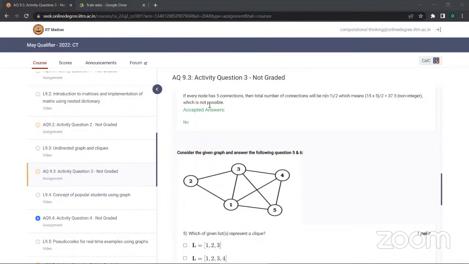Just one thing, sir. Whatever pseudocode is discussed in lesson 10.3 or 10.4, do you have any slide which can show us the step-by-step build-up of this matrix or the dictionary? The entire setup is for the train data set, right?